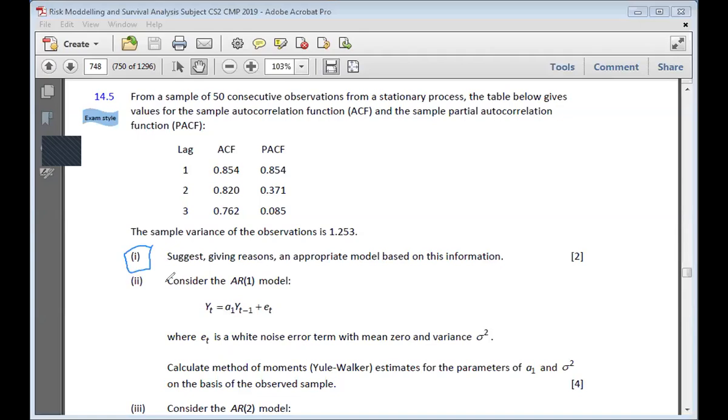So I have some values for ACF and I have some values for PACF. This is somewhere near to 1 and this is somewhere near to 0. AR model. With what lag?